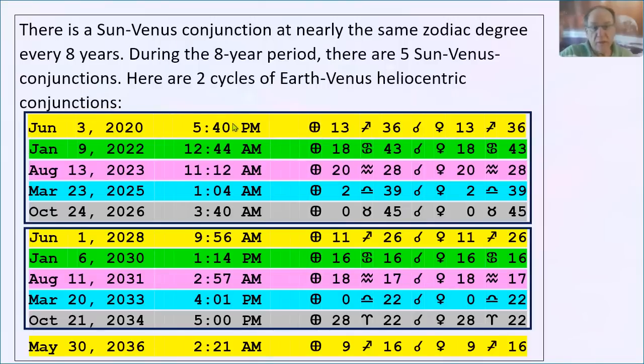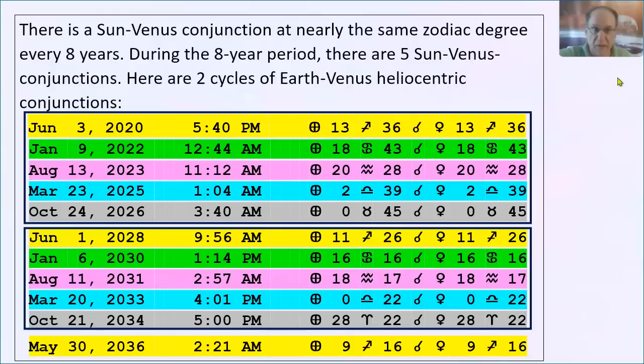From a heliocentric point of view, a lot of what is said is true about Venus star points. From a geocentric point of view, it's actually confusing and not always true what people are saying about Venus star points. So let's look at it heliocentrically first. Heliocentrically, people say that there are 5 Sun-Venus conjunctions in 8 years.